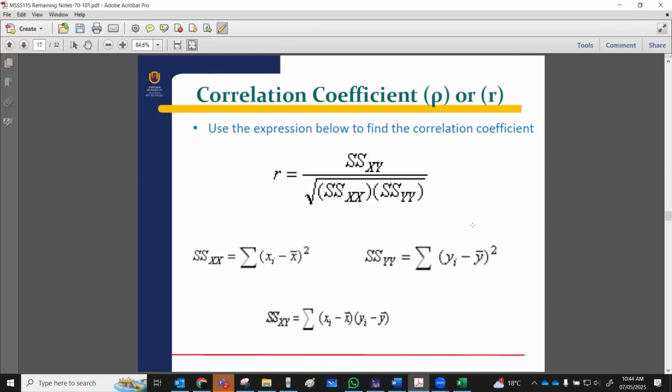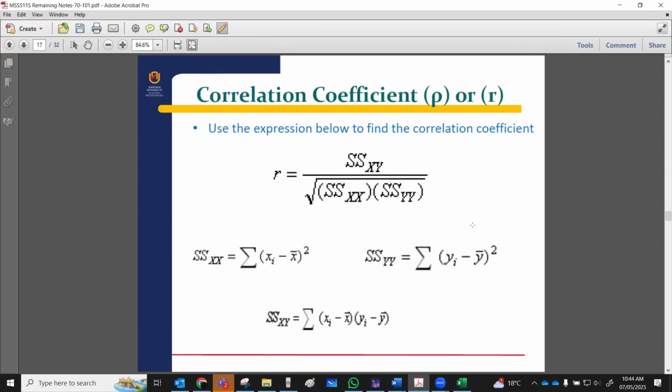Okay, so what tells us about our correlation is what we call the correlation coefficient. We have a formula that we use to work it out. Of course, this correlation coefficient you can work out on our calculator, and I will show you how to do that.